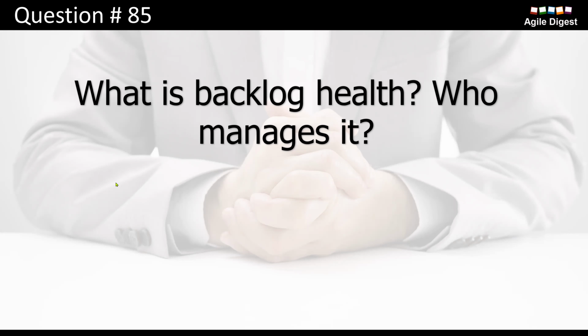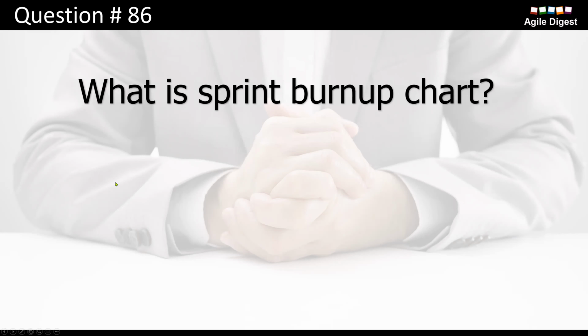All right, let's talk about the next question. What is a sprint burn up chart? In sprint burn down, we talk about the amount of work remaining, and in sprint burn up, the amount of work completed.